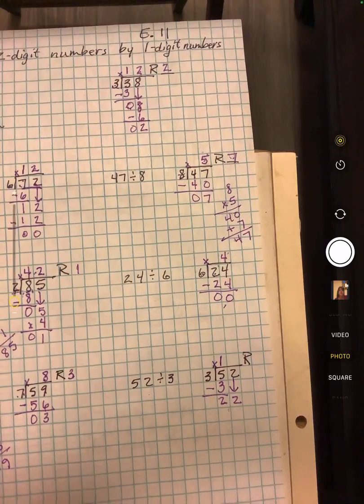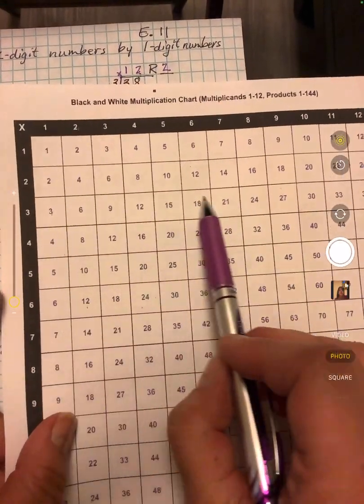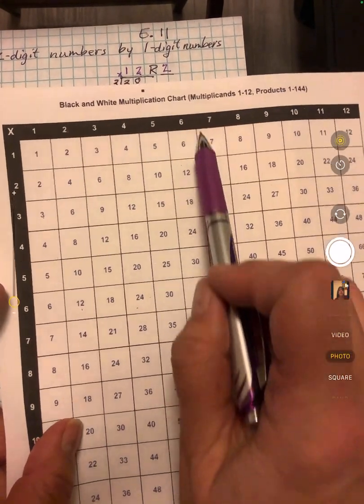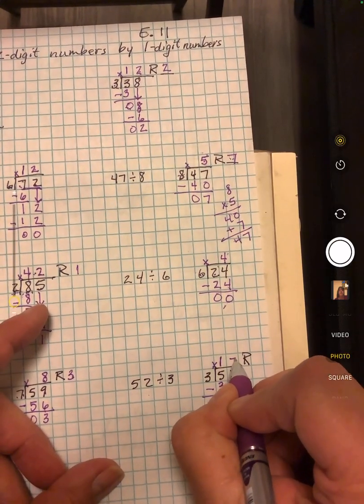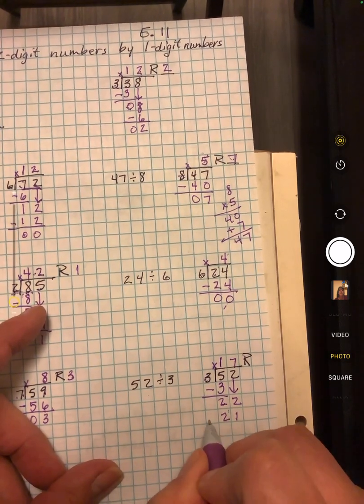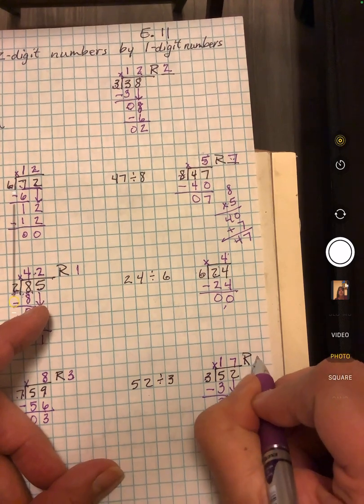Now I have 22 divided by 3, and we have to get as close as we can. Okay, 24 is too high, so we're going to go with 21. 7 times. 7 times 3 is 21. We subtract, and we have a remainder of 1.